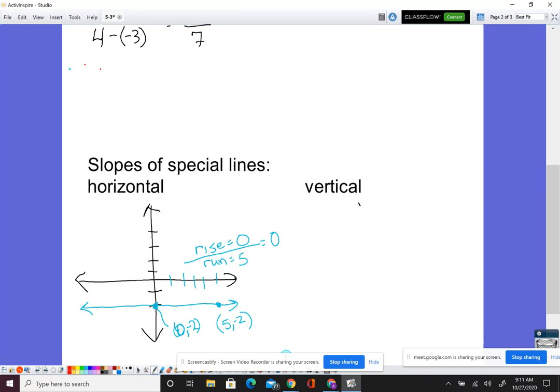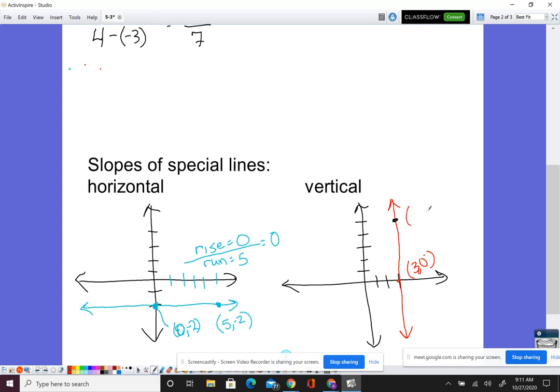And if I have a vertical line, I make this one at +3. We know that this point right here is 3, 0. And I'm going to pick another point on the y-axis right there. And that point is 3, 5.